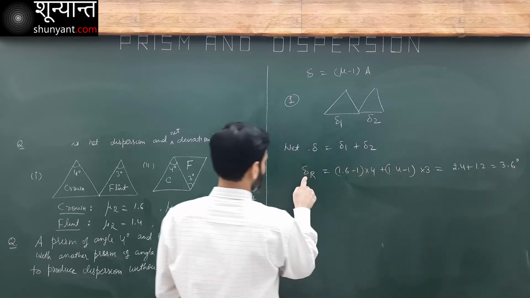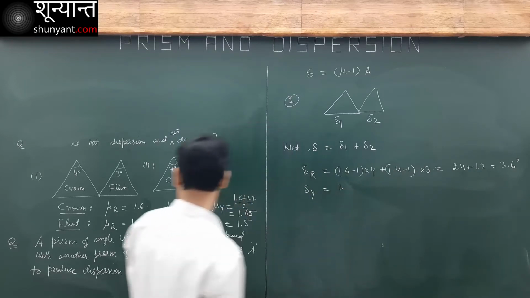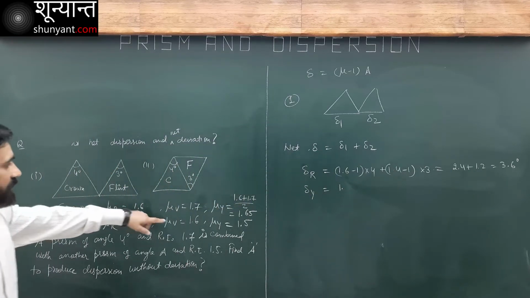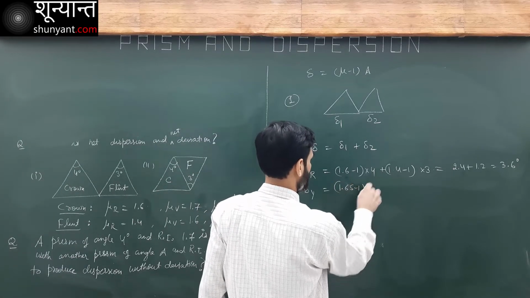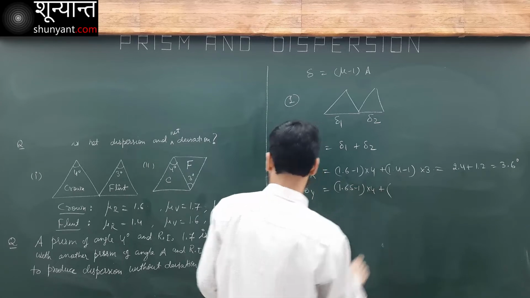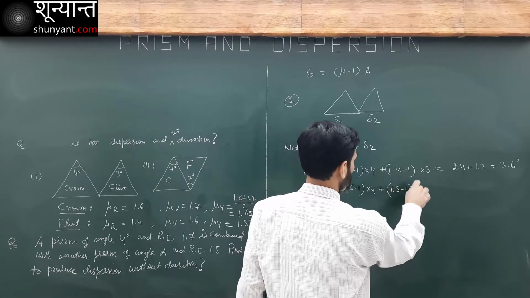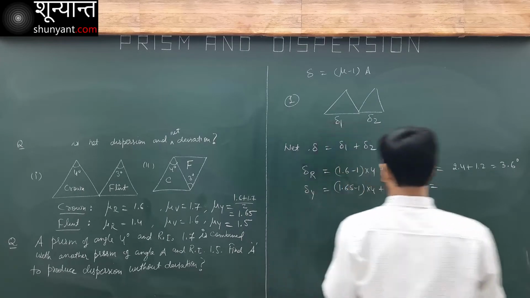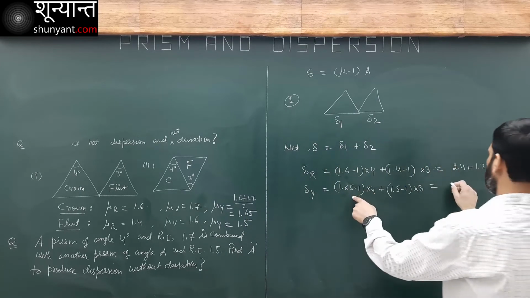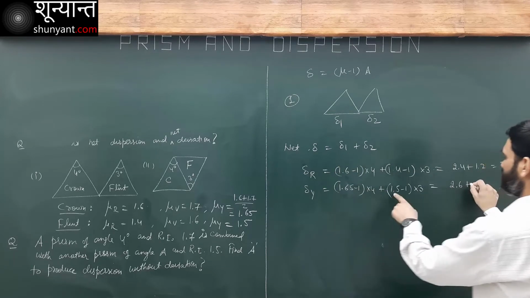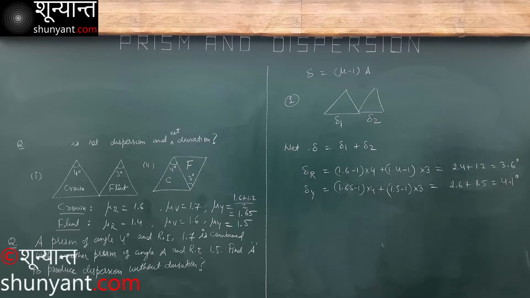Delta yellow, for the crown one, is equal to 1.65 minus 1 times 4 plus here it is 1.5 minus 1 times 3. This will become 2.6 plus 1.5, this becomes 4.1 degrees.